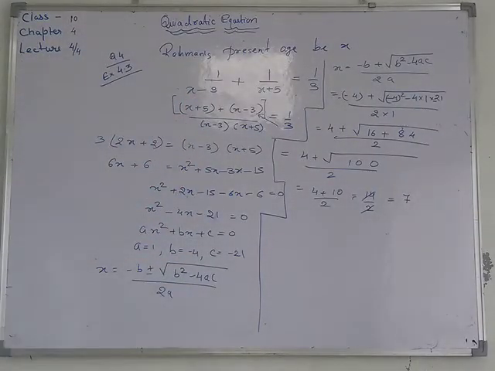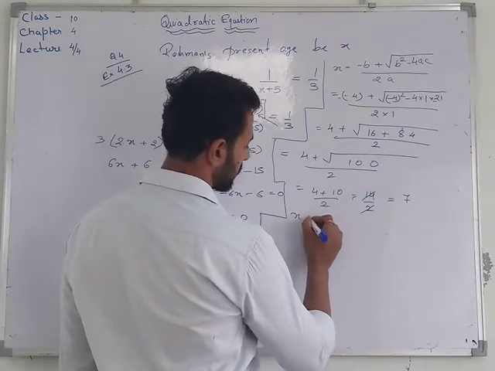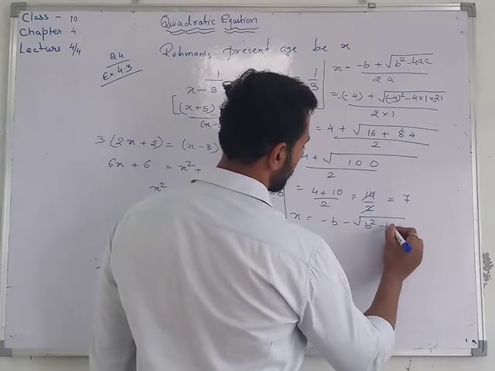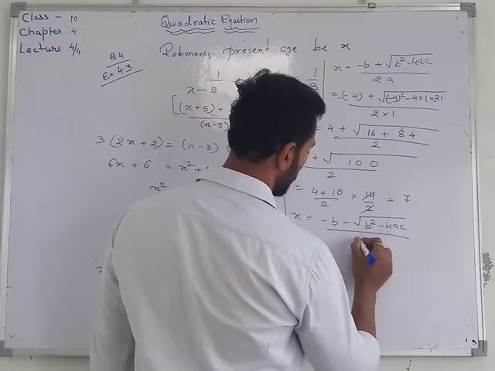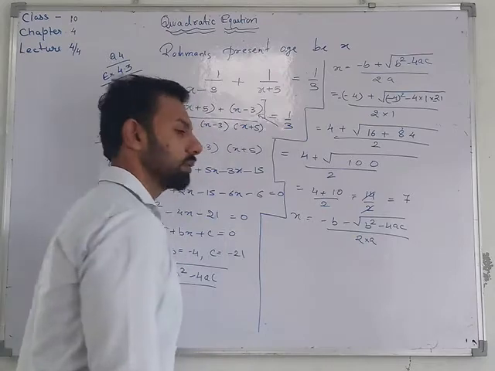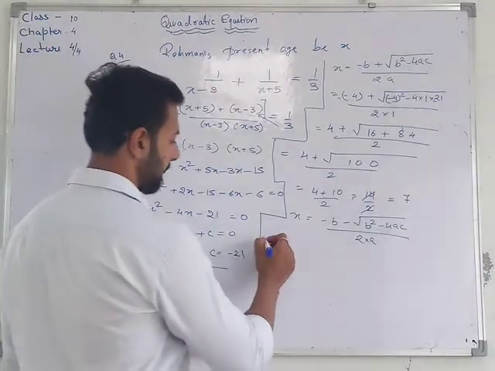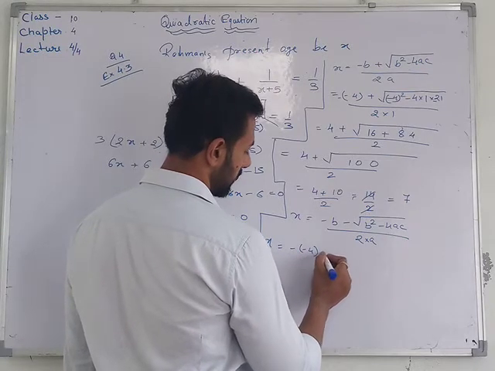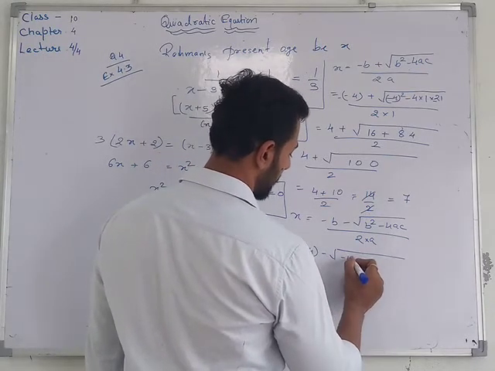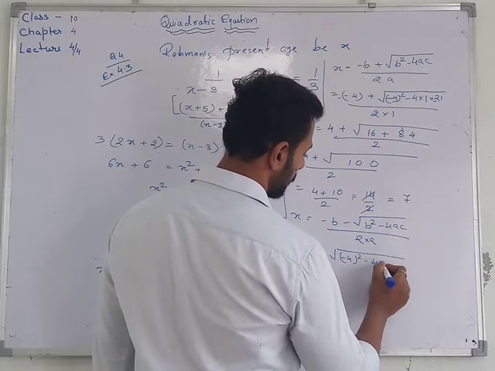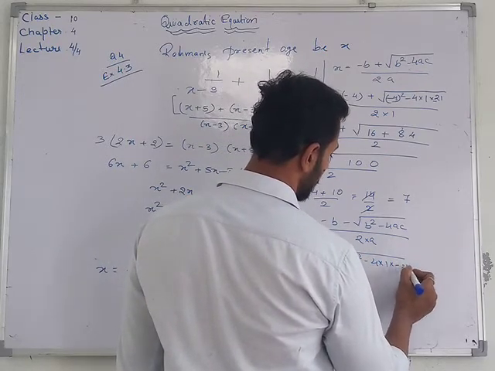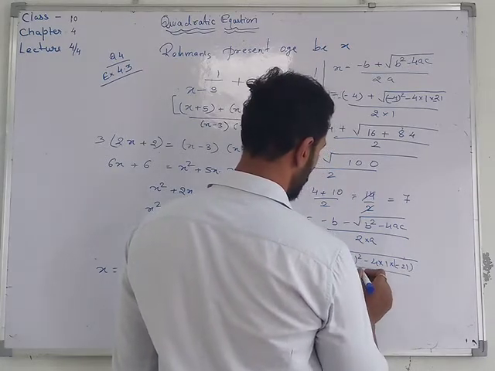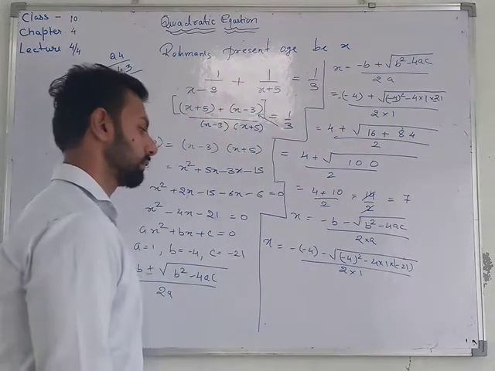Similarly, solving for the negative sign, x is equal to minus b minus under root of b square minus 4ac upon twice of a. Substituting the values, we will be getting x is equal to minus of minus 4 minus under root of minus 4 whole square minus 4 into 1 into minus 21 upon 2 into 1.